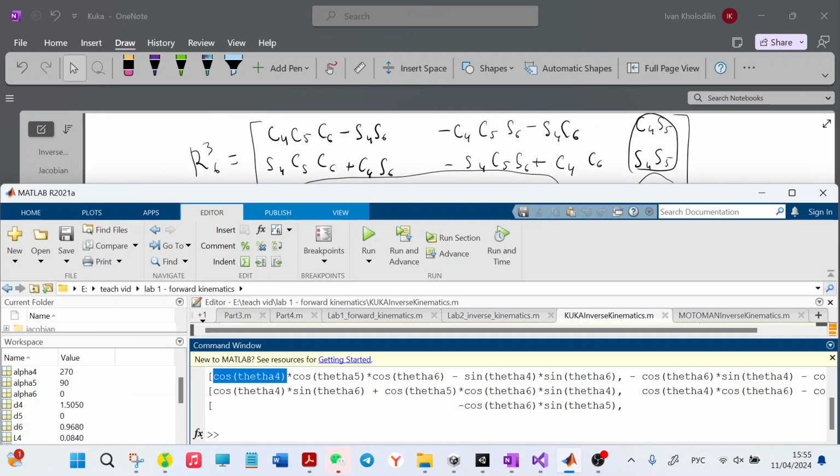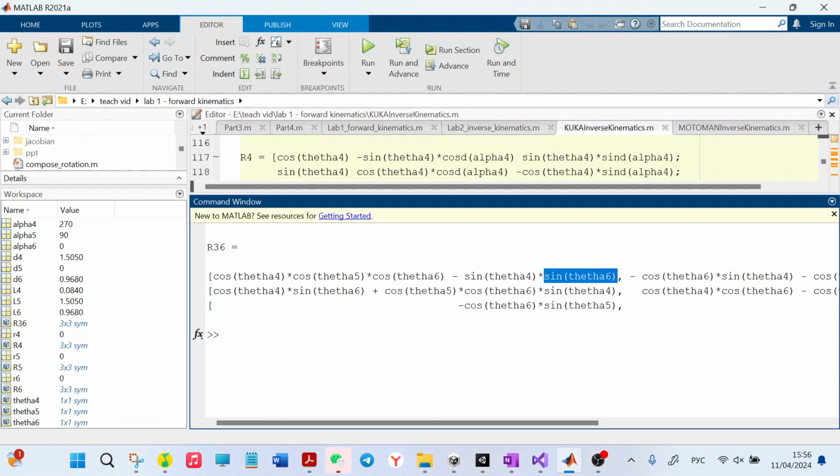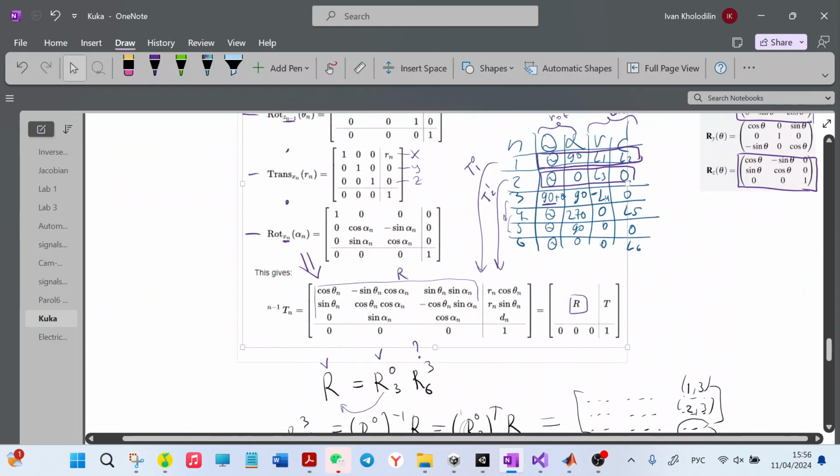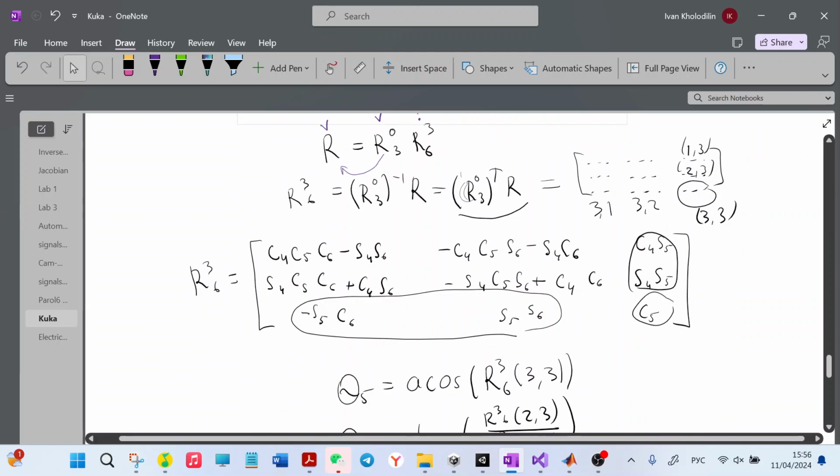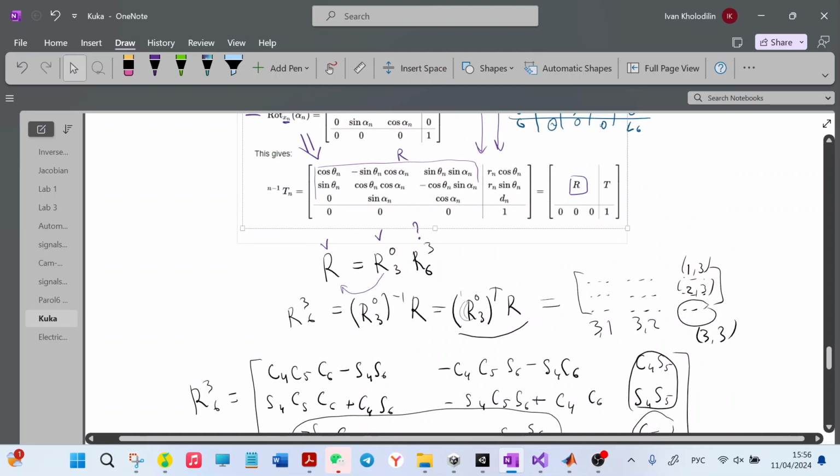So here cosine theta 4 multiplied by cosine theta 5 multiplied by cosine theta 6 minus sine theta 4 multiplied by sine theta 6 and so on. That's just how I got this formula. So to multiply this with our values theta 4, theta 5, theta 6, this is how it looks in symbolic form.